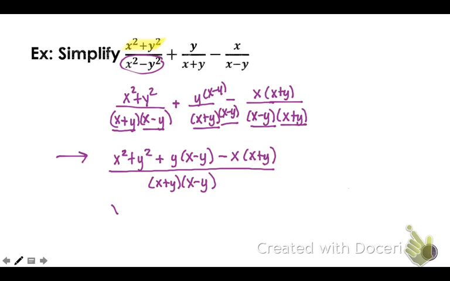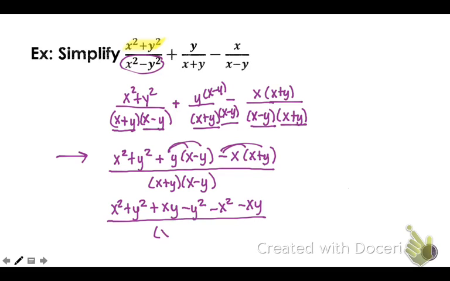So let's clean up the top. x squared plus y squared plus xy minus y squared minus x squared minus xy, all over x plus y times x minus y.